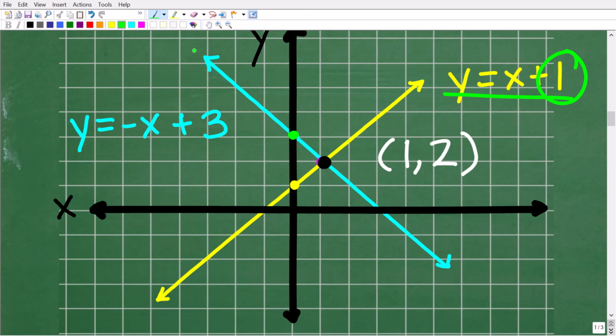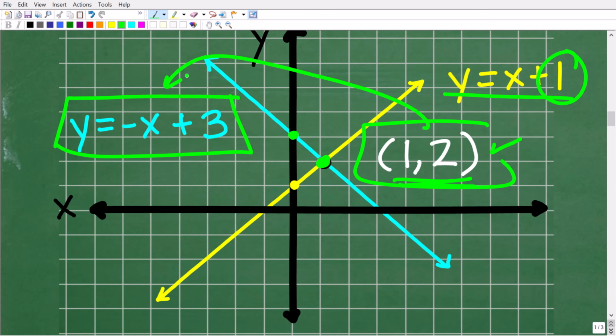All right, now if we plot these lines very carefully on graph paper, we'll see the point of intersection is (1, 2). So the point (1, 2) satisfies both of these equations. In other words, when x is equal to 1 and y is equal to 2, both of these equations are true. So let's go ahead and test that real quick over here in this equation.